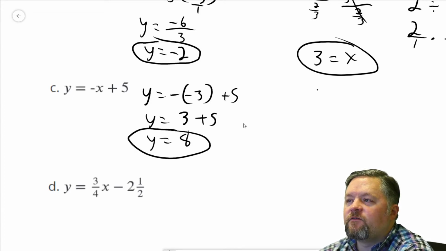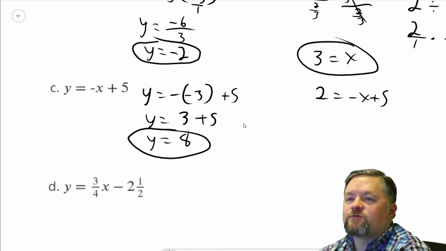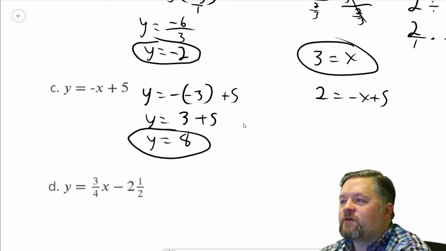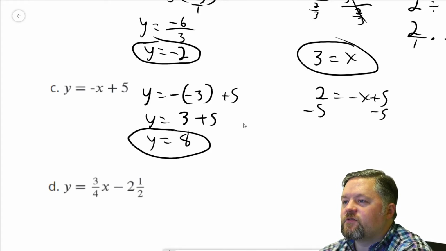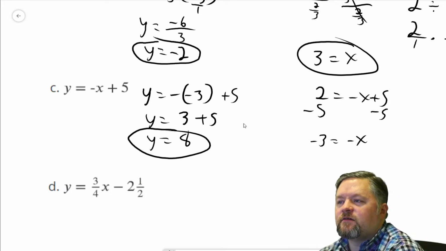Now we want to find where y equals 2. So 2 equals negative x plus 5. First, we've got to get rid of adding 5. To undo adding 5, we subtract 5, do it to one side, do it to the other. 2 subtract 5 is negative 3 equals negative x.